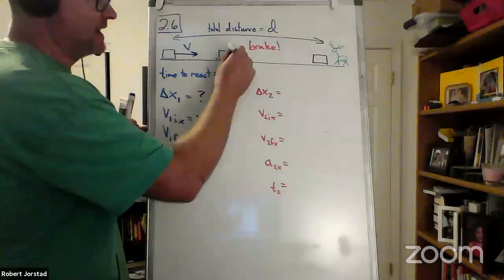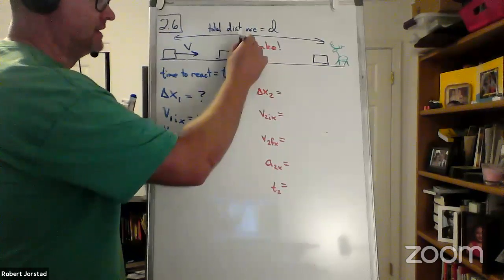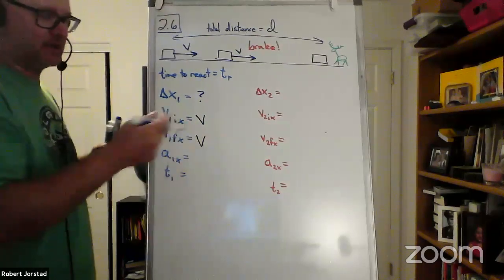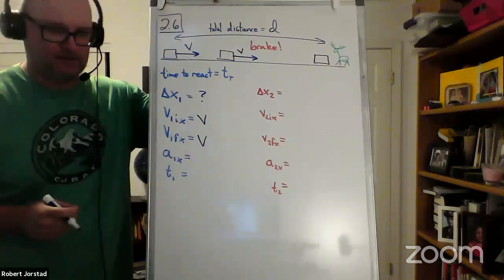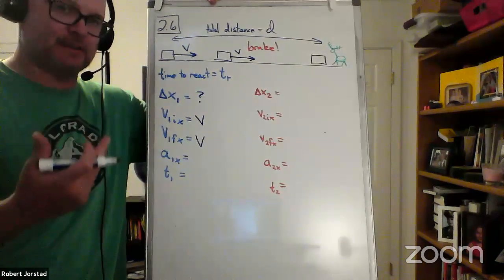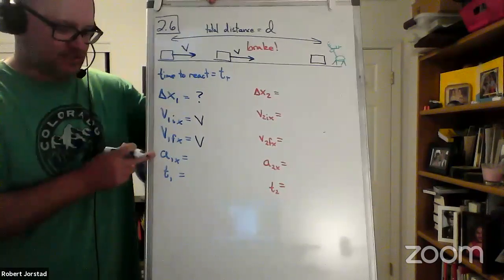Still v. And so I'm going to draw that in here. At the end of stage 1, how do you know that it's still v? Because that's when you're starting to react, so you haven't pushed the brake just yet. Exactly. And the problem also said constant speed over that time, right? Good. So what's a1?